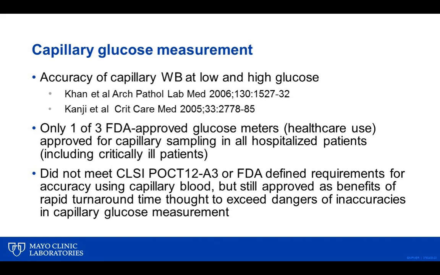Even for the one device that was approved, it did not meet the predefined FDA guidelines for accuracy, but the FDA felt, given the choice of no measurement or a capillary measurement, it's better to do a capillary measurement. But there are simply limitations to capillary blood measurement in critically ill patients who have poor blood flow or perfusion, these septic shock patients, low blood pressure, edematous patients.